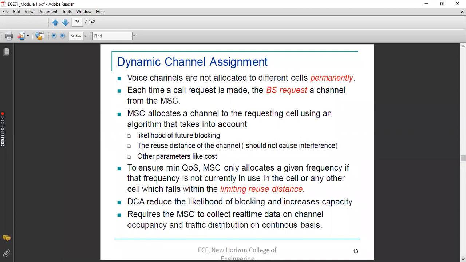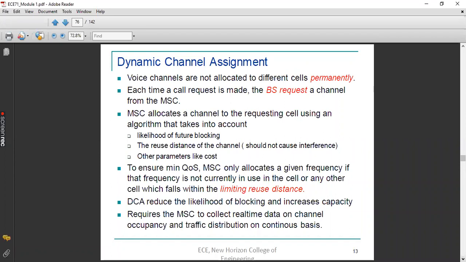The second one is the reuse distance of the channel. Before allocating a new set of channels to the particular cell, the MSC will check the reuse distance. That means, where the same set of channels is being used in the cellular system, is it geographically far apart?